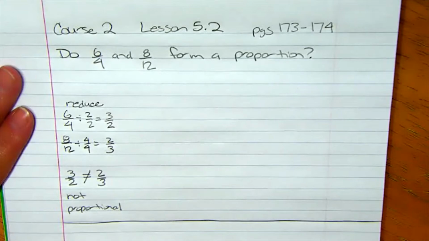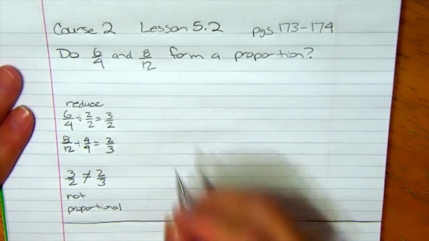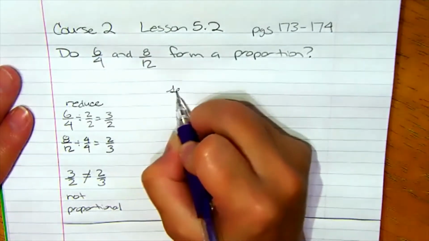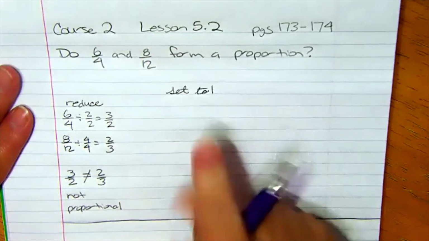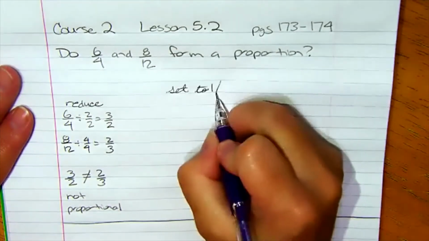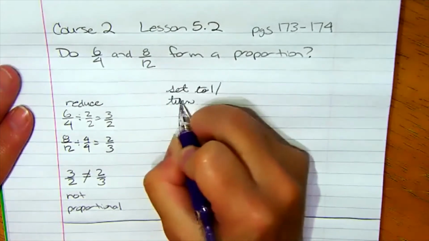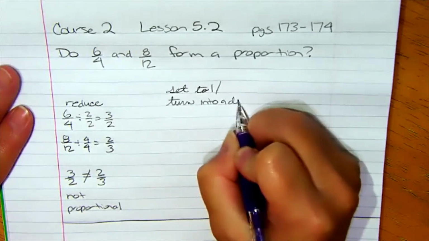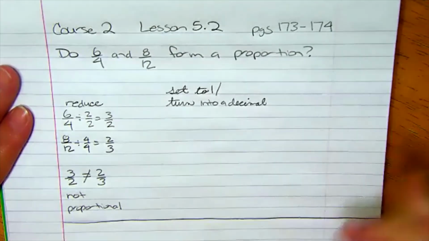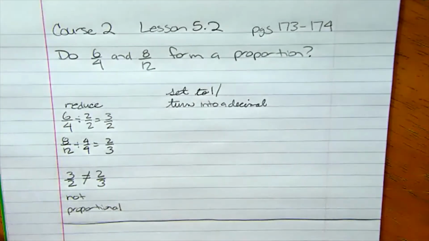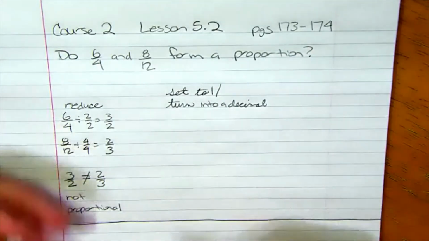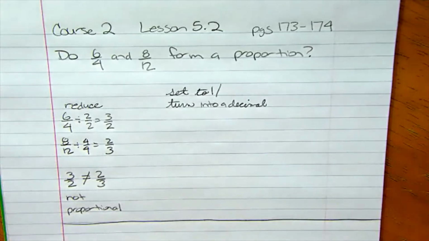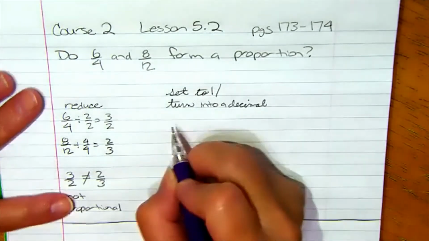A second way to do this is, it's two things. We're going to set the fraction to 1, but it's also turning it into a decimal. When we turn a fraction into a decimal, it's the same thing as setting it to 1. So what does that mean?